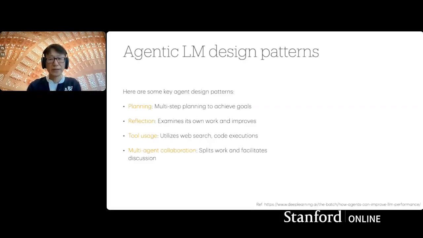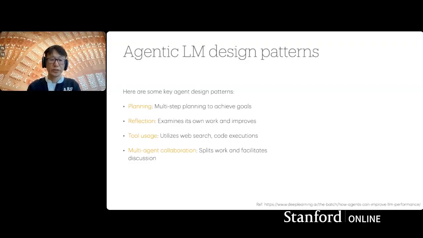Reflection is where the model generates output, and then the next model call can criticize the output that actually came from the same model. By doing this, the output could be improved.